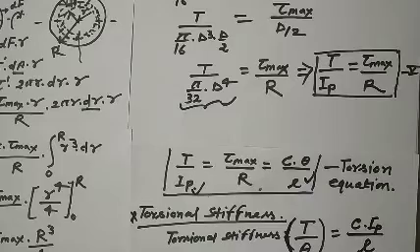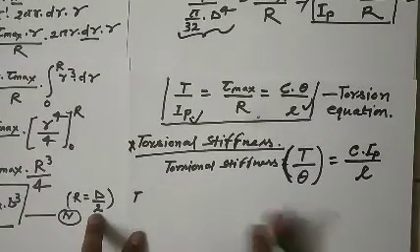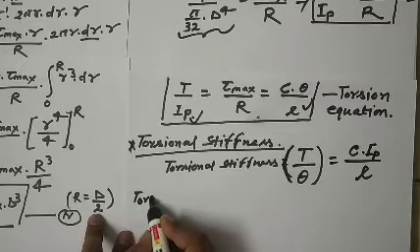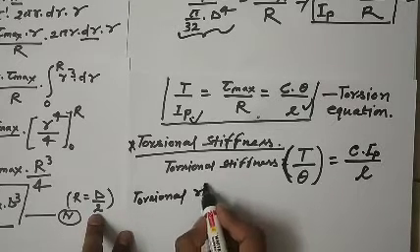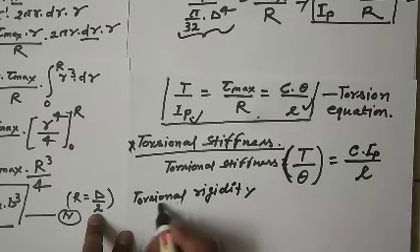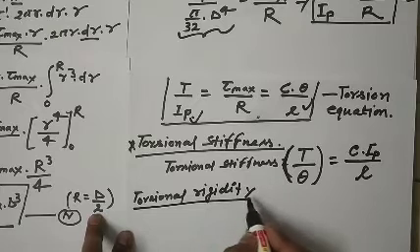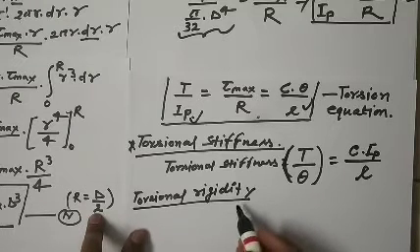What is torsional rigidity? It is defined as the torque per unit angle of twist for unit length.